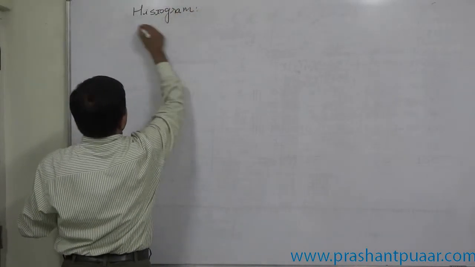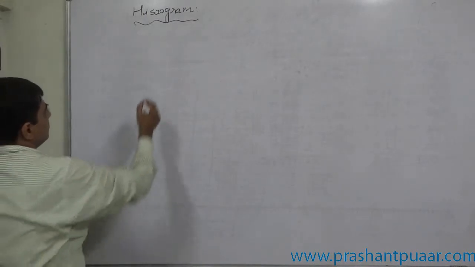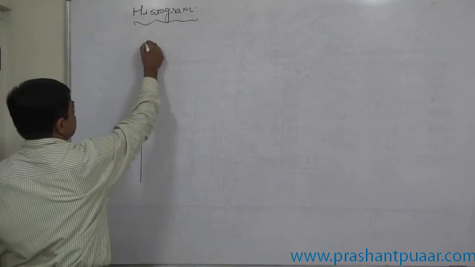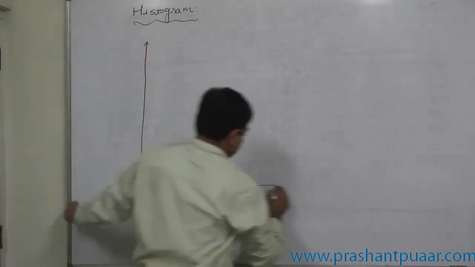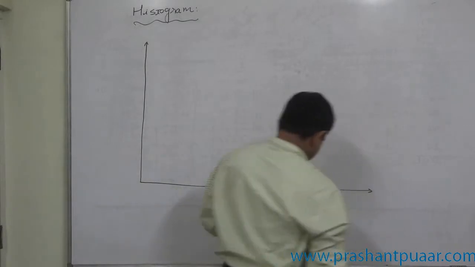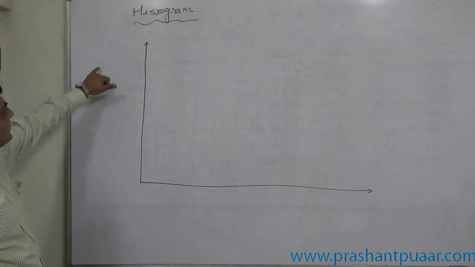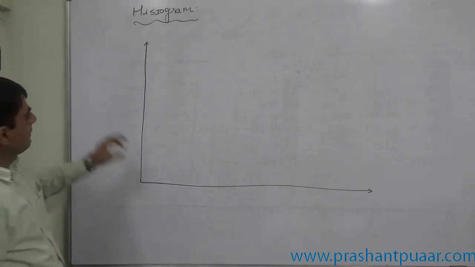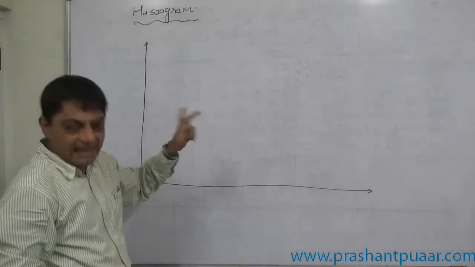Histogram. Vertical axis or y-axis, and x or horizontal axis. Now starting point is 6, so there is no problem with the measurement, but highest frequency is 8.